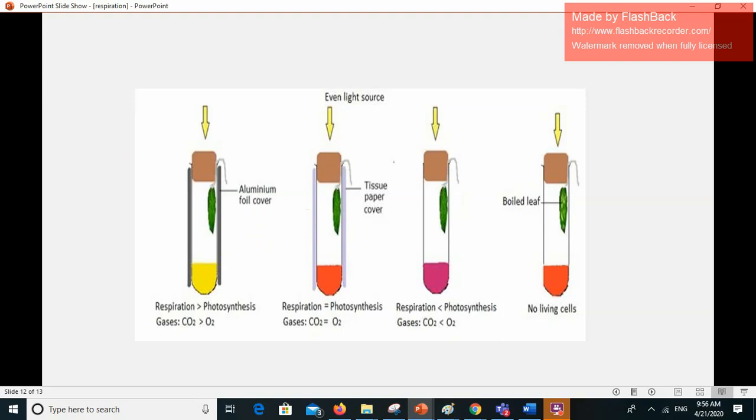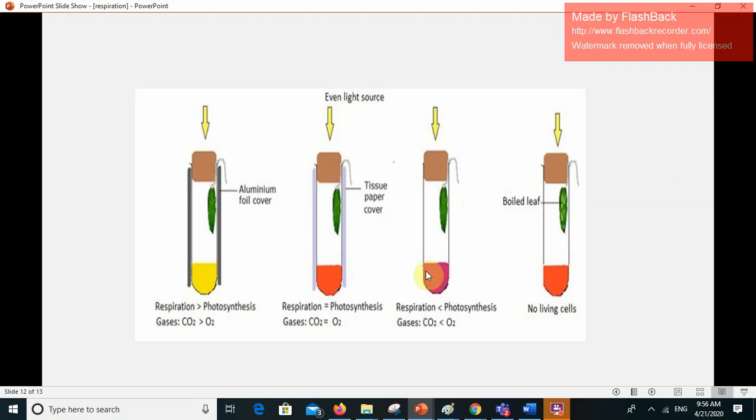Once it respires, it produces carbon dioxide. When carbon dioxide gets dissolved in hydrogen carbonate solution, it makes the pH acidic. So the hydrogen carbonate turns yellow. When it is very acidic, it turns yellow. If it is a little bit acidic, it's going to be orange. But if it is acidic, respiration mainly takes place, so it turns yellow. You have to know this.